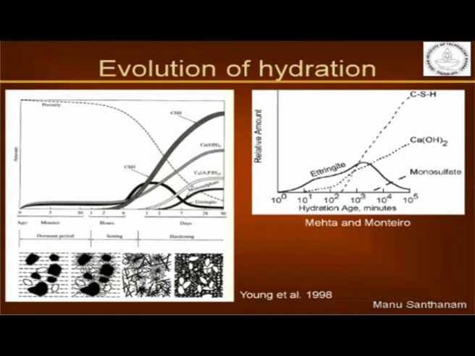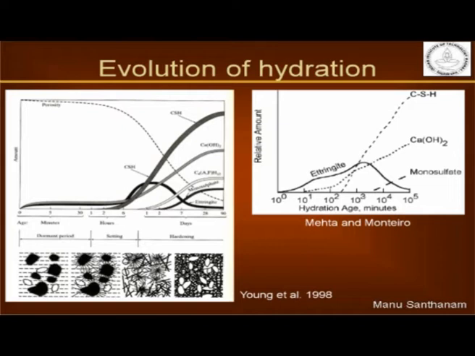You see that layer on the surface, and that's approximately the time of your dormant period. This is happening in the first 2 hours of hydration of cement, and after about 2 to 4 hours, you start forming a network of hydrated products.